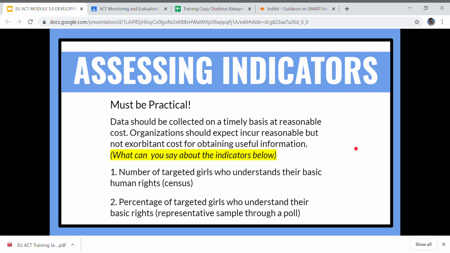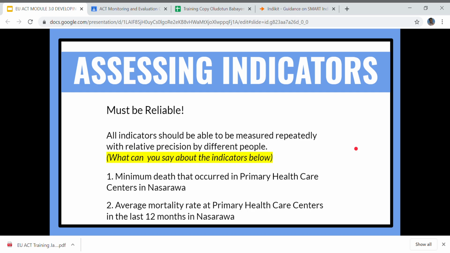So things like that, percentage of public defenders that now understand how to record statements. So that is practical, other than having a generic one where you need census data, right?